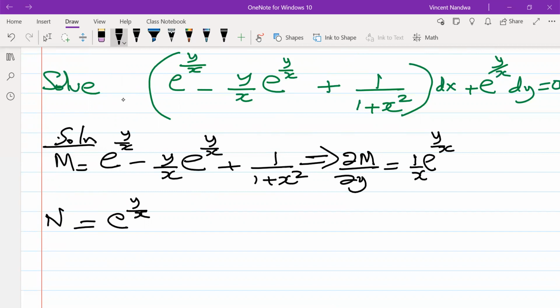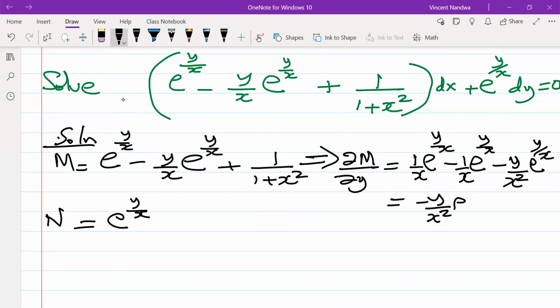Now using the product rule, if we let this be u and this be v, u prime is 1 over x, e to the power y over x, plus v prime u. So v prime u is minus y over x squared, e to the power y over x. Altogether this reduces to minus y over x squared, e to the power y over x.